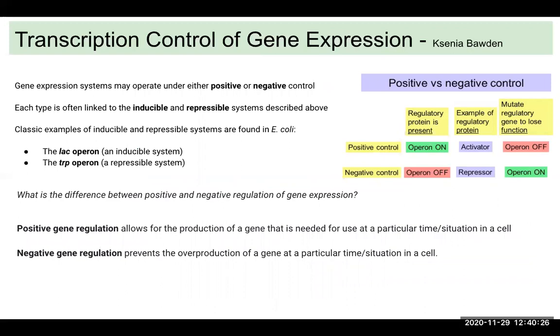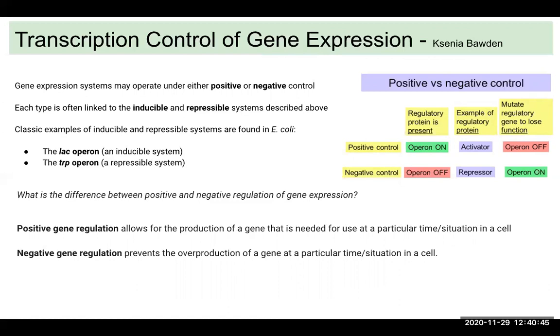All right, so gene expression systems may operate under either positive or negative control, as mentioned earlier. Each type is often linked to the inducible and repressible systems described above.